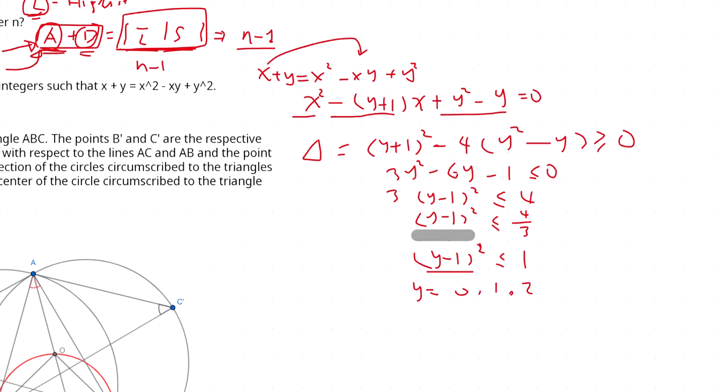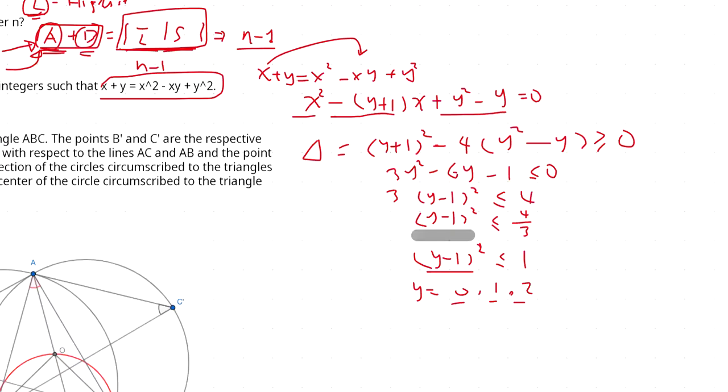It's quite easy to replace y with these possible values in the equation, and we find a quadratic equation of x, and we can easily find all the possible pairs.